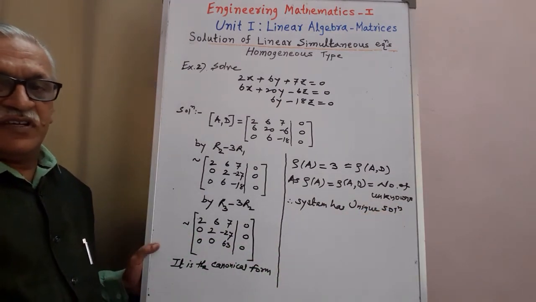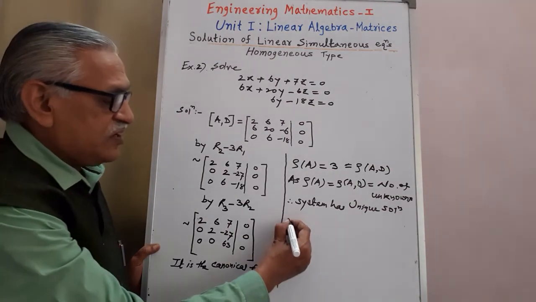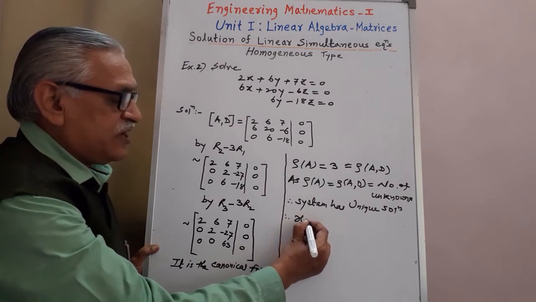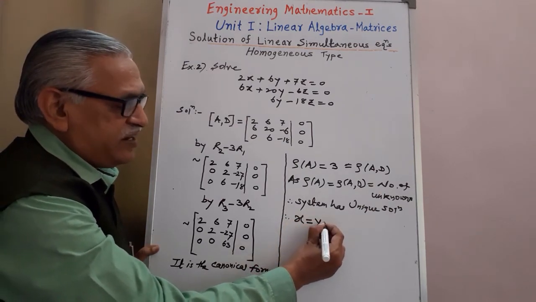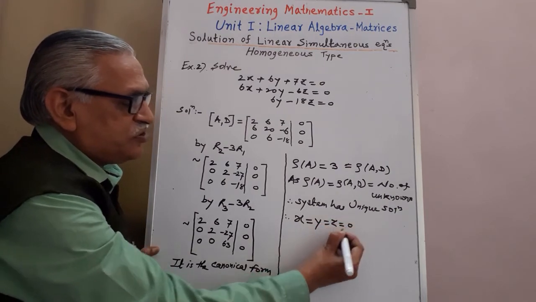This given system has a zero solution or unique solution, and that solution is therefore x equals y equals z, and all values are equal to 0.